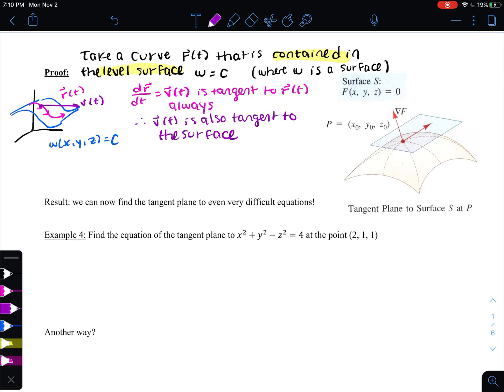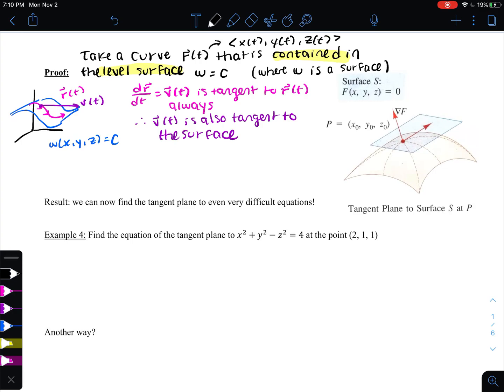That's cool. Awesome. Now, maybe I should make this a little more clear, my r of t, since we are in a three-dimensional surface, that will be some x of t, y of t, z of t.